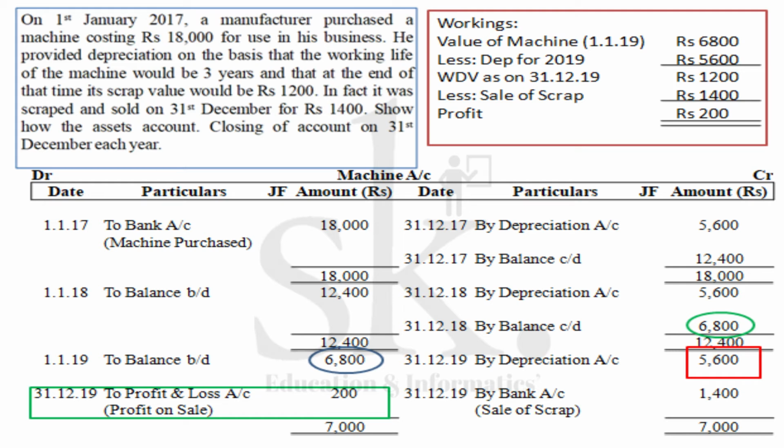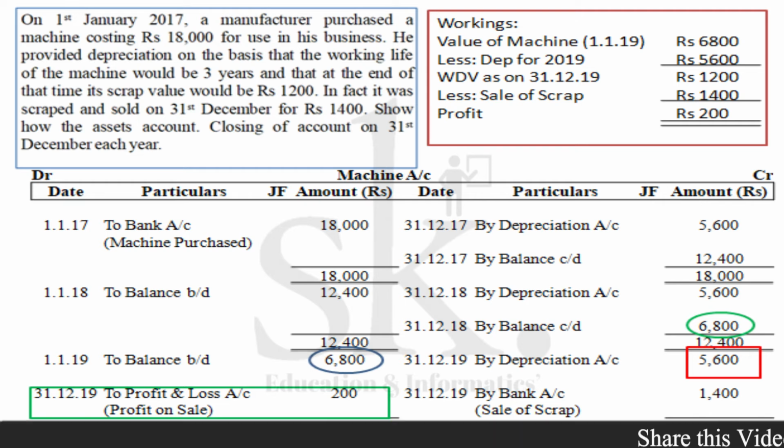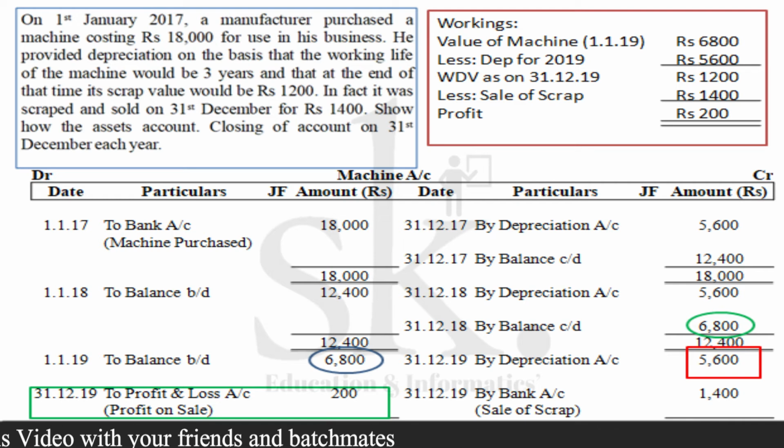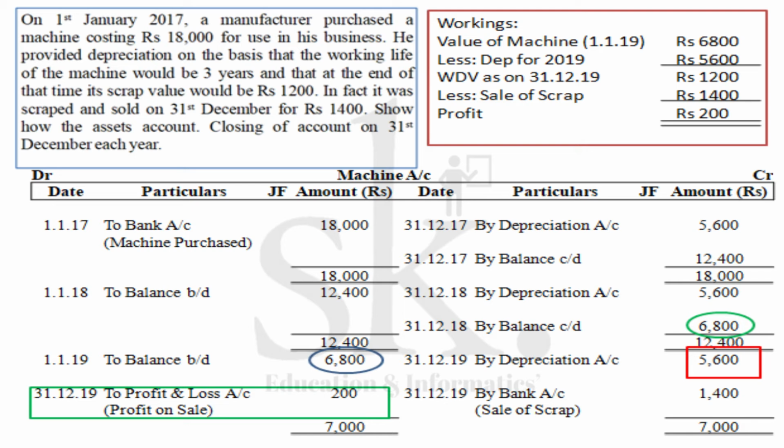Now, since you have sold an asset, the next important point is whether the asset has been sold at a profit or at a loss. That particular calculation needs to be shown. Therefore, we go back to workings and mention that the value of the asset as on 1/1/2019 was 6,800, and since it has been used for the full year and was sold on 31st of December, we have given a depreciation of 5,600 against it.